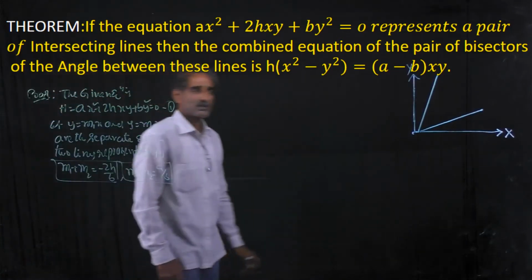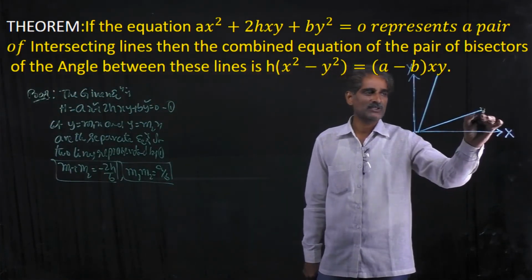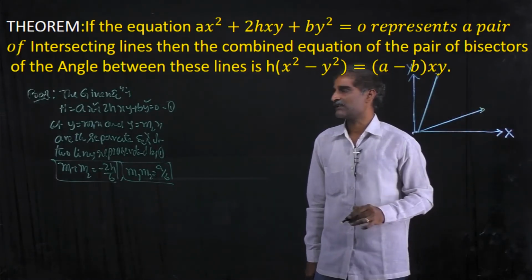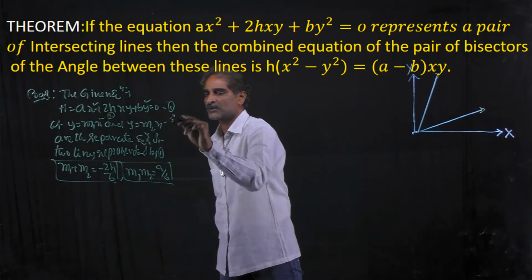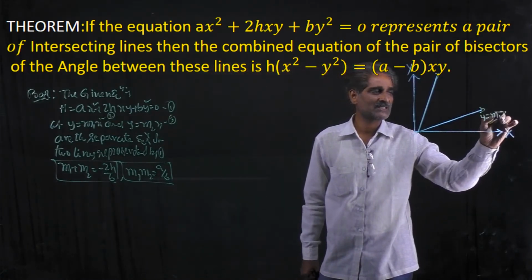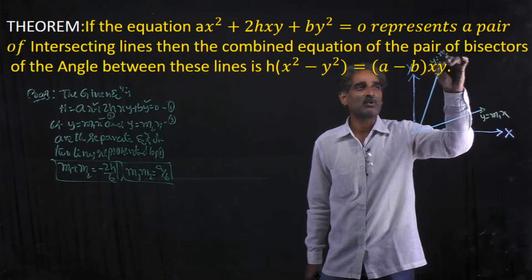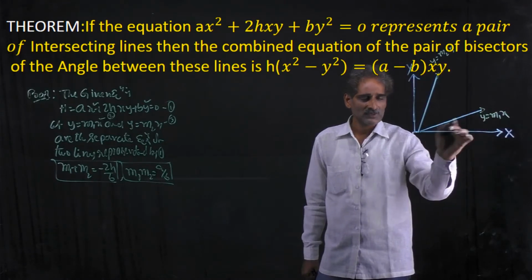So suppose these are the positions of the two lines. This is the first line, this is the second line. Let us take this as equation 2 and this as equation 3: y equal to m1x, y equal to m2x. The slope of this line is m1.